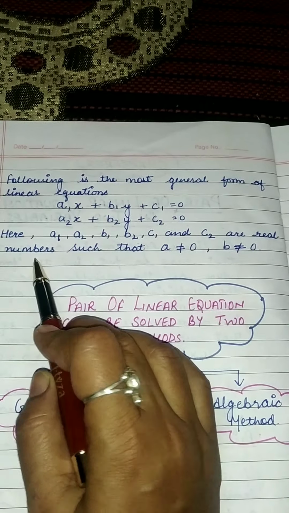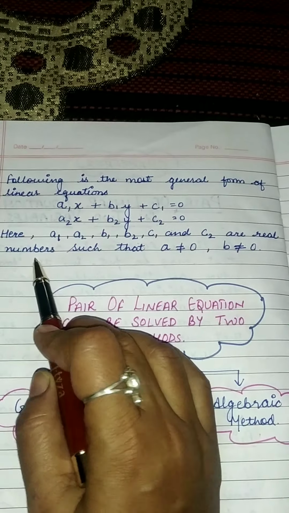Now there are two methods to solve a pair of linear equations. First is the graphical method. Second is the algebraic method. For the graphical method, there are two types of system: consistent system and inconsistent system.